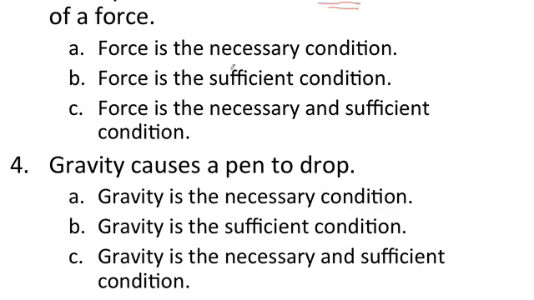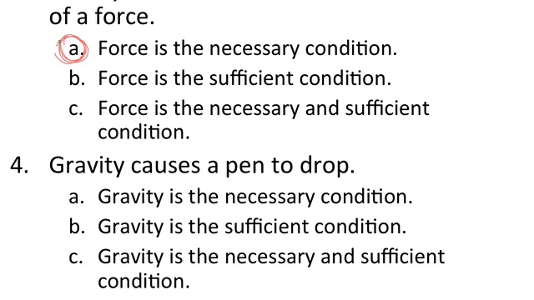If you want to think about it in terms of one of the argument forms that we studied, we could say that if the body accelerates, then there is an action of force. Oh, there's not an action of force, so we don't have acceleration. So the without tells us that the action of a force is necessary for the body to accelerate. Now, in this sentence, what we're not being told is that force also guarantees acceleration.